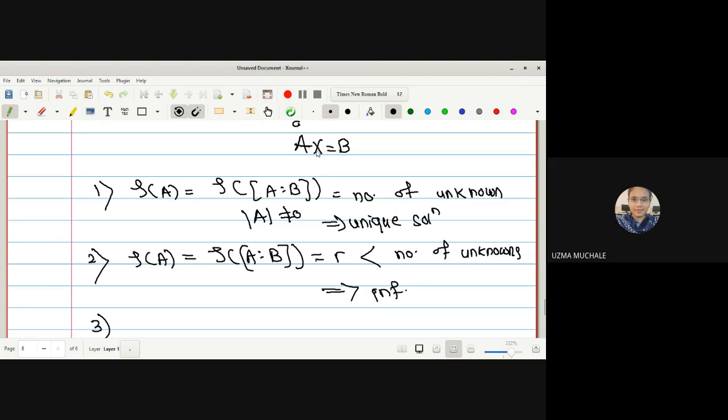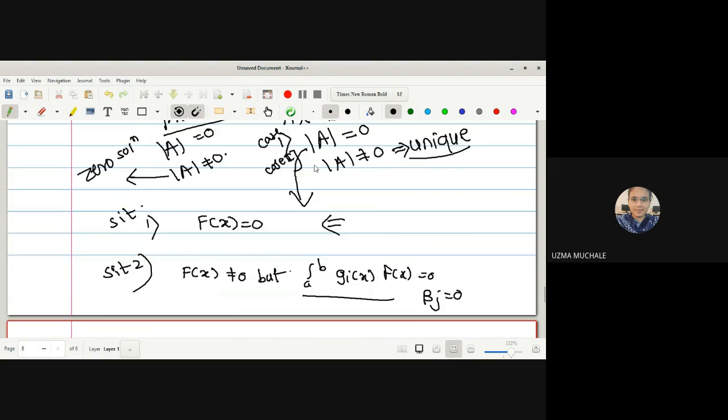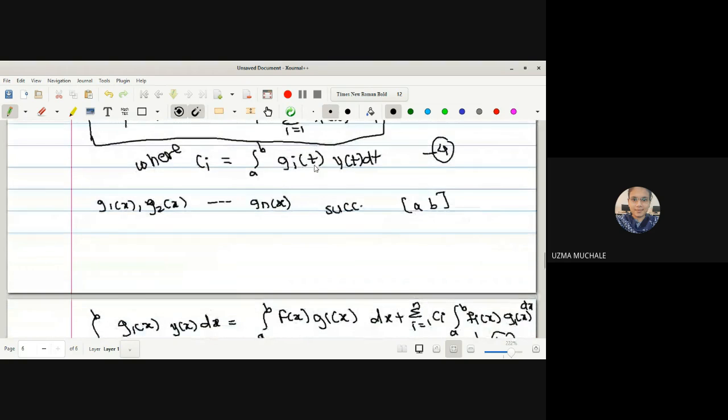We get the trivial solution, and for a non-trivial solution, the resultant should be that the determinant of A is 0. Okay. So these are the cases if you want to solve the system of equations in the form of Ax equal to B. Okay, let me repeat once again what we have seen.